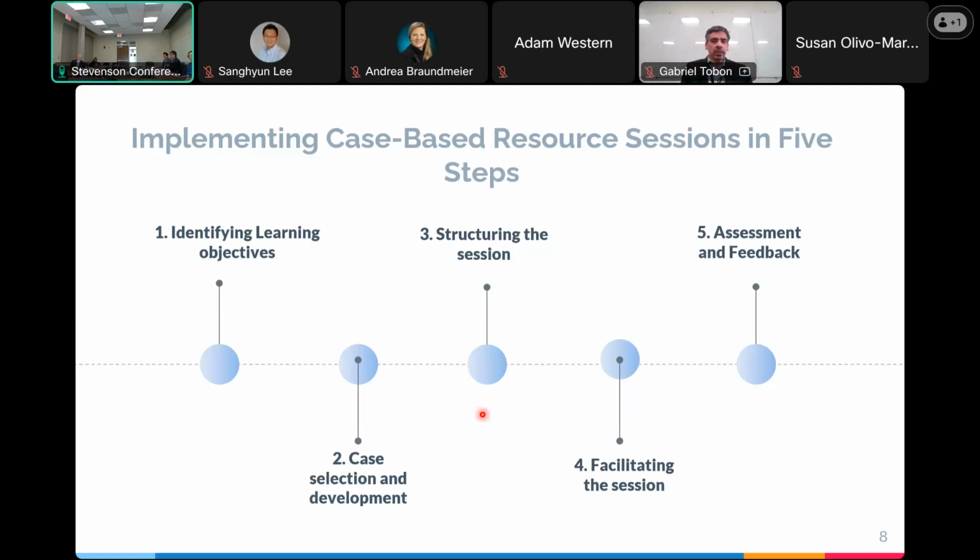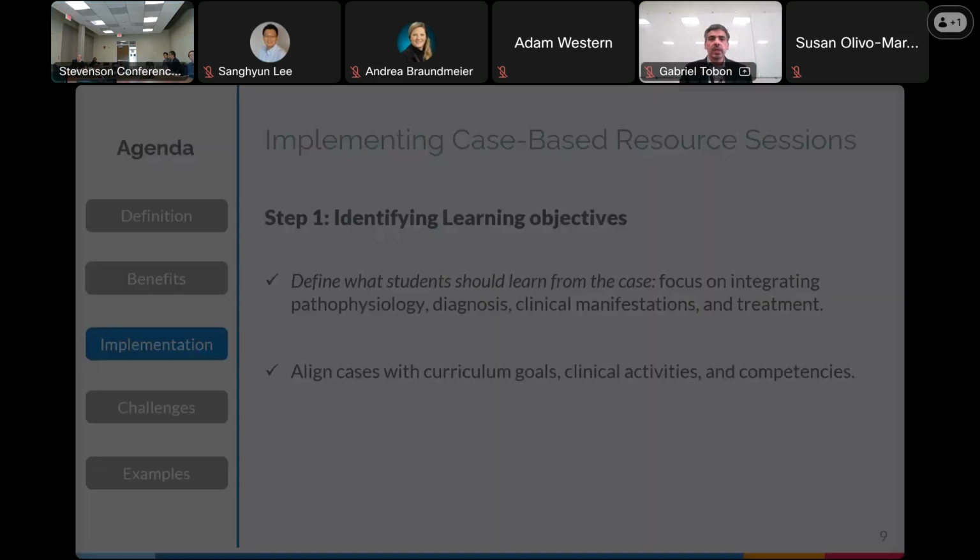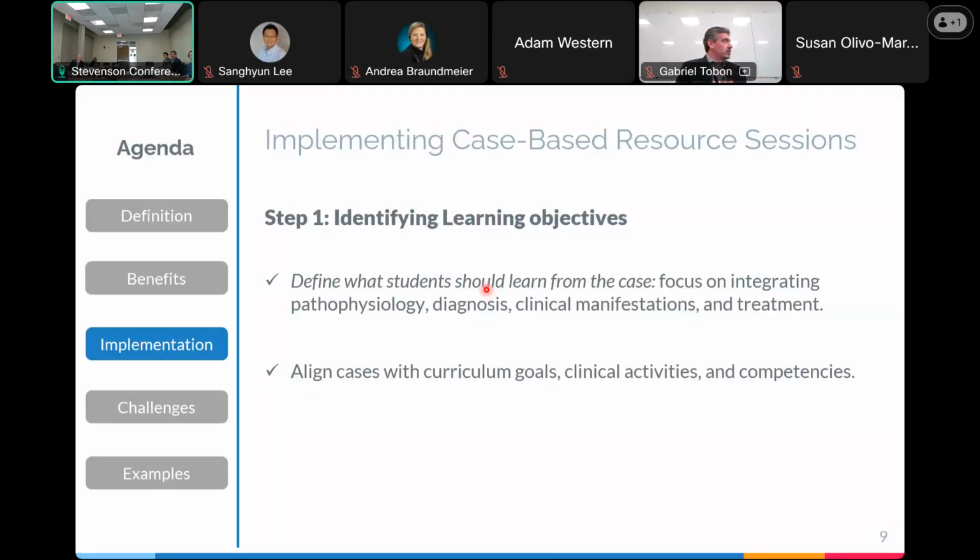Then, if you already know the goals, you can move to case selection and development, and we are going to discuss different strategies to create the case or to select the clinical presentation. The third step is structuring the session, then facilitating the session, presenting, asking questions, managing the time, and finally, the feedback. So we will move through every single step.